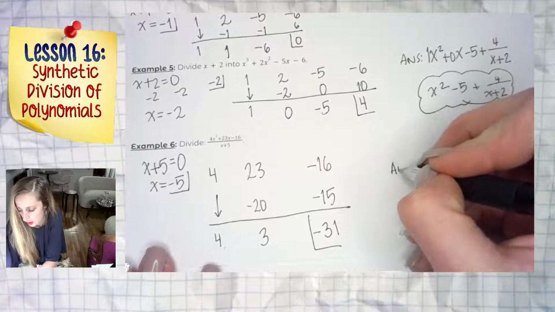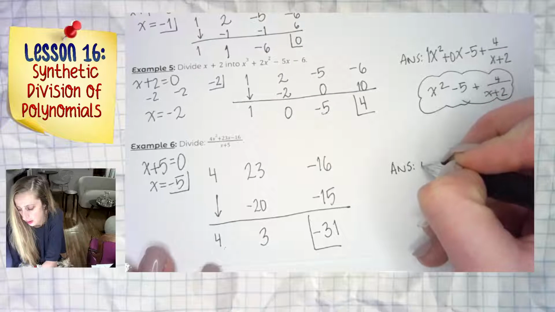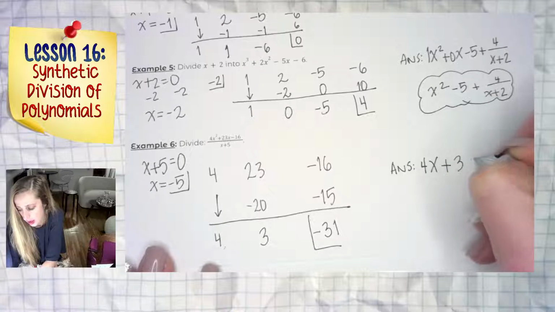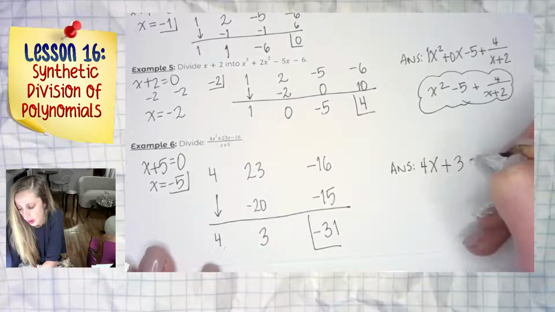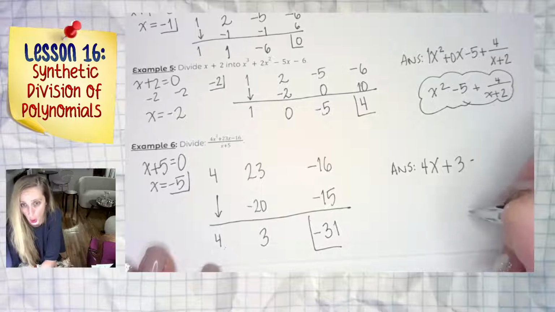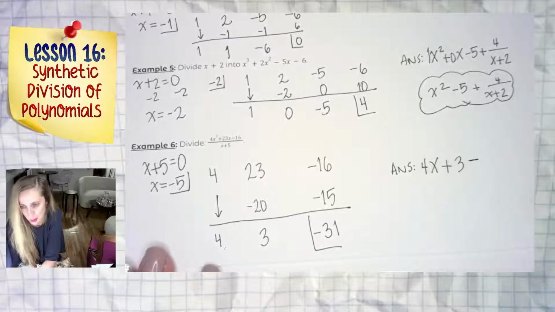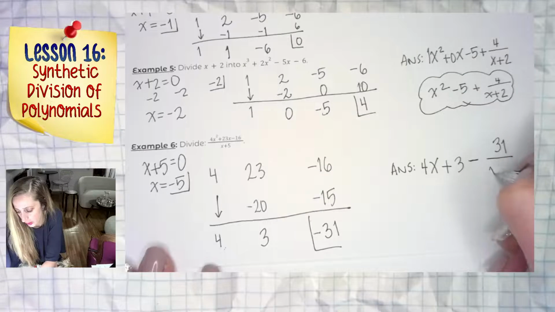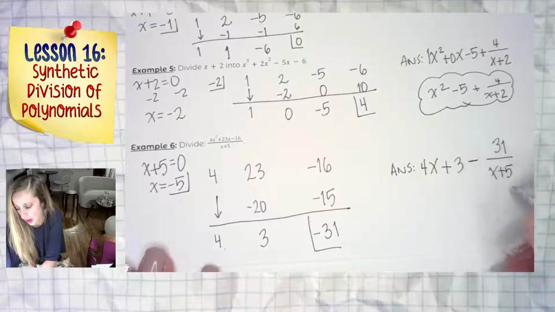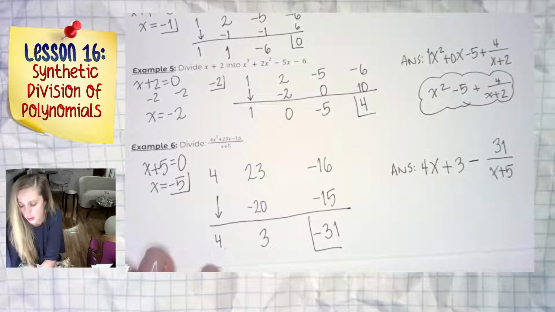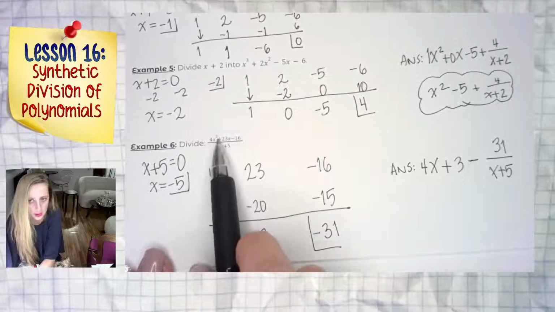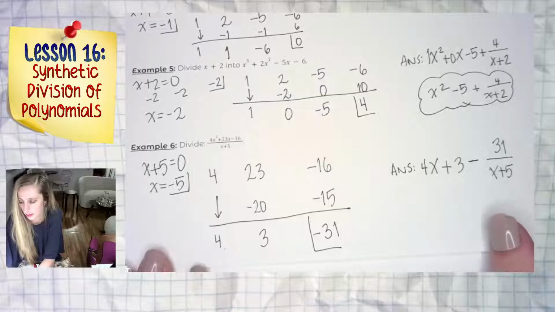So the answer is 4x plus 3. Now, could I write plus and then put -31 over? Yes, but I could also be a normal person and write minus 31 over x plus 5. Not x minus 5, x plus 5. So again, x plus 5 is not a factor of that quadratic.